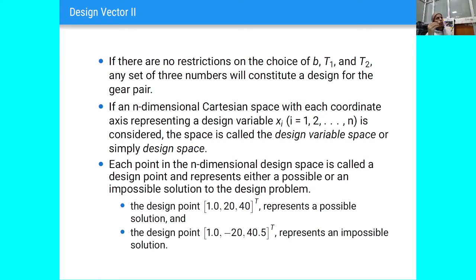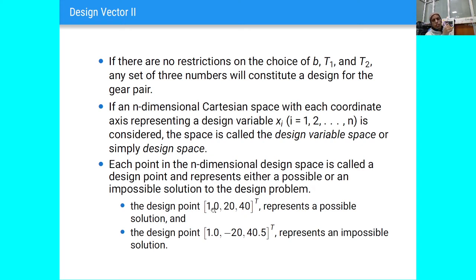design vectors, we may come across a situation that there may be a possible solution as well as an impossible solution. Because, as an example I have shown for the first, suppose b equal to 1 centimeter, t1 equal to 20, and t2 equal to 40. So it is a possible solution.